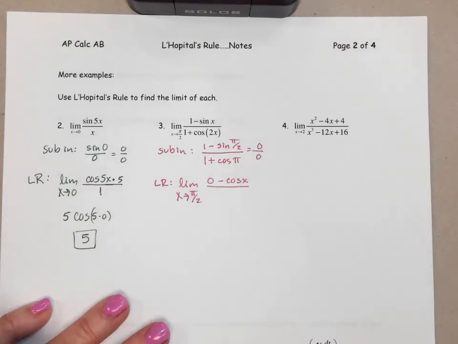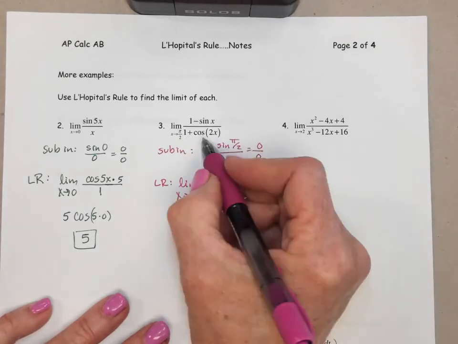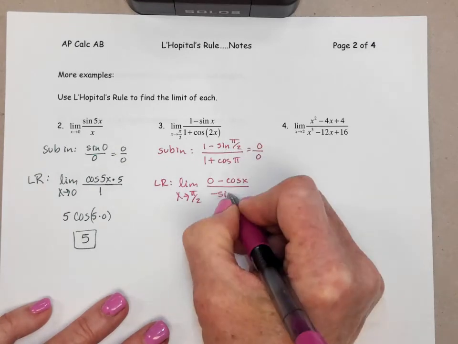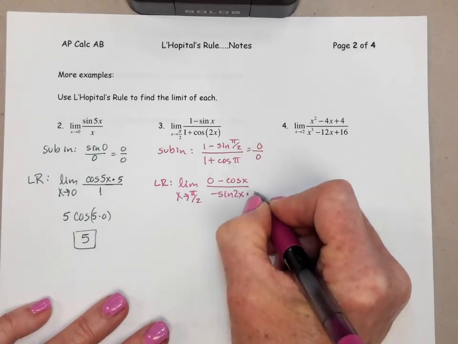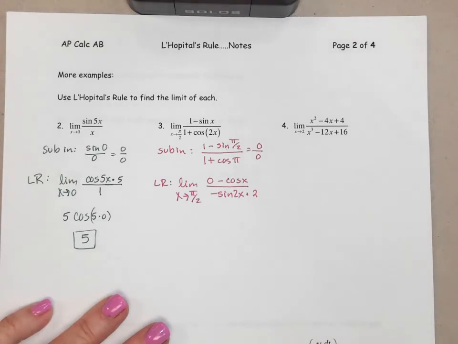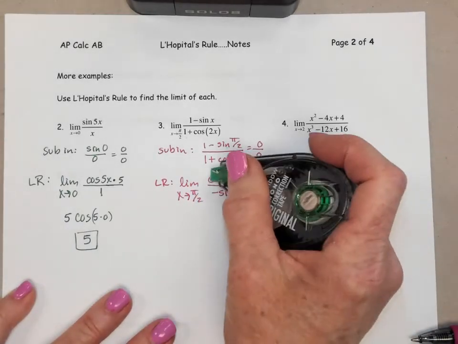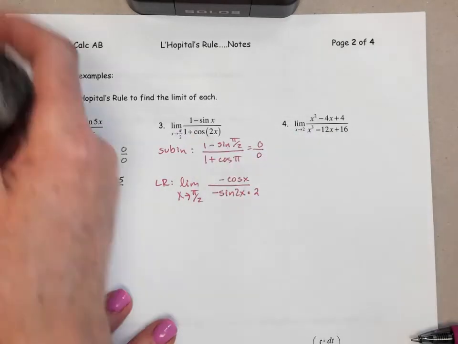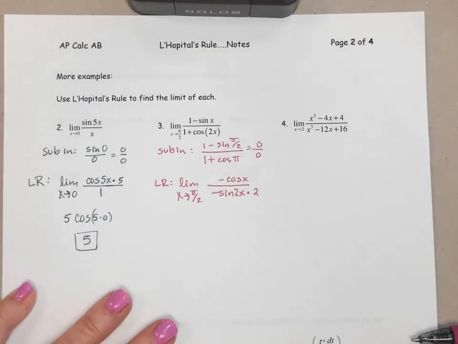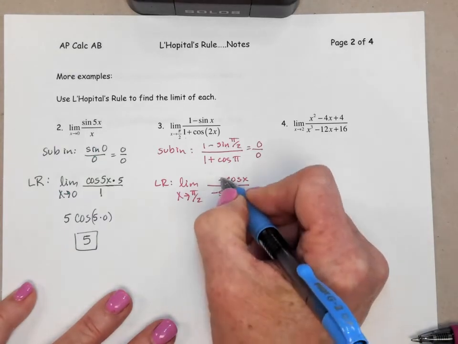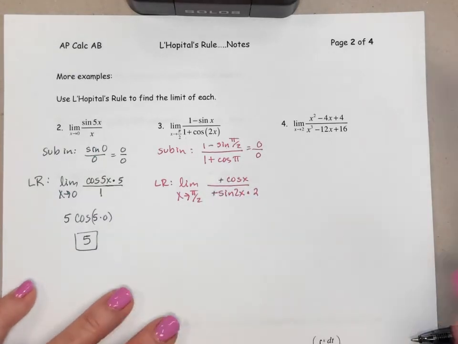On the bottom, the derivative of that 1 is 0, and then the derivative of this cosine 2x is negative sine 2x times a 2. Now, we really don't need this first 0 here, so I'm going to take that out. It's a little bit easier to see now that these two signs are both going to turn positive.